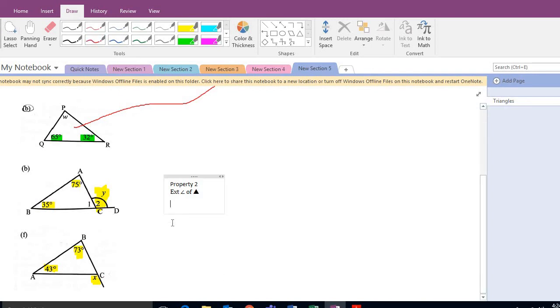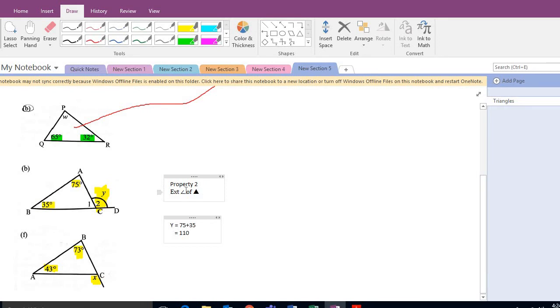So you will just go and write this down. You'd say capital Y is equal to 75 plus 35. I think it's 110. Oh, we must put my reason.